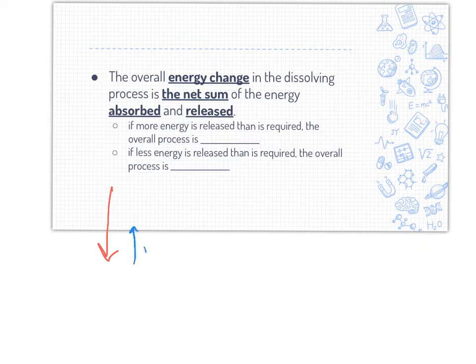Maybe it required a little bit and released a lot. Overall, there's still a net release of energy. So the net sum is the difference. If more energy is released than required, the overall process is exothermic.